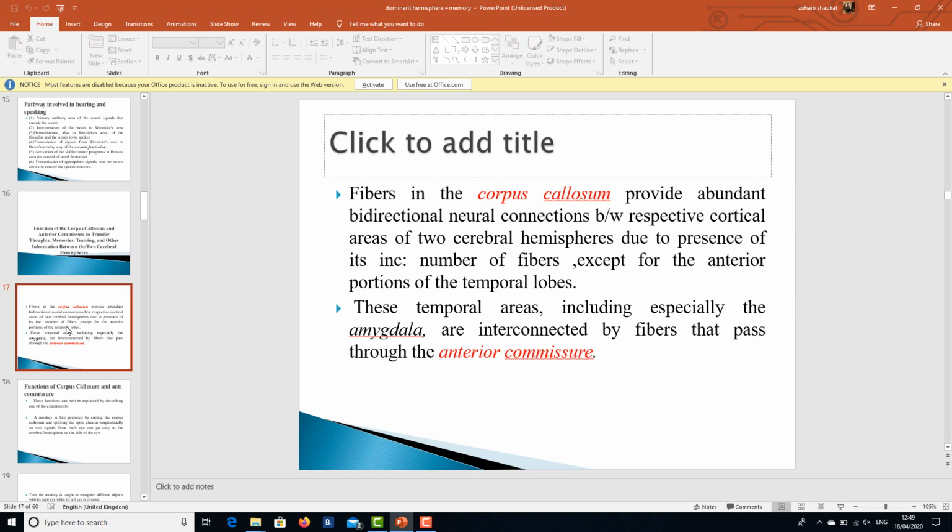There are fibers in the corpus callosum which provide abundant bidirectional neural connections between respective cortical areas of the two cerebral hemispheres, except for the anterior portions of the temporal lobes. These temporal areas, including especially the amygdala, are interconnected by fibers which pass through the anterior commissure.